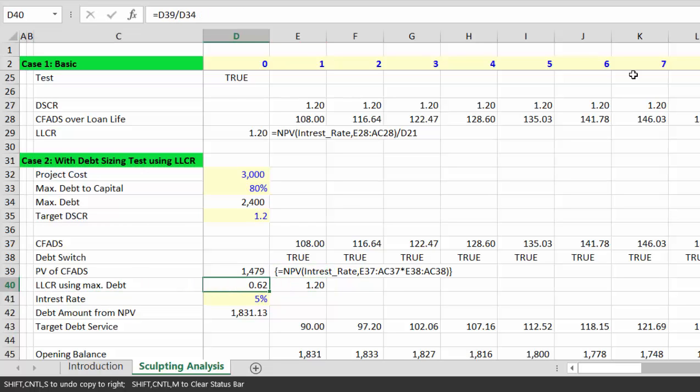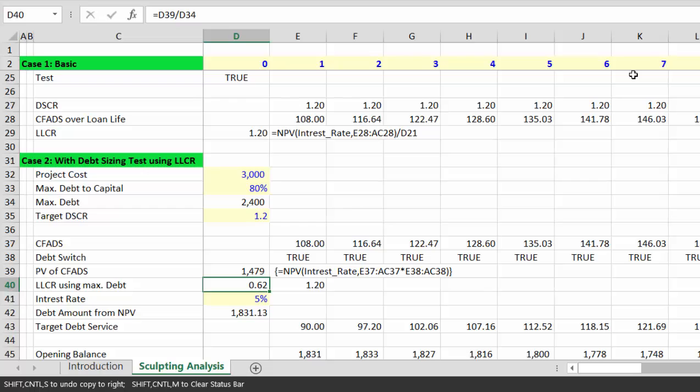Now, here's what we do. If we say, okay, well, let's take this number and divide it by the LLCR, which is the CFADS divided by our maximum debt to capital, we get 0.62.